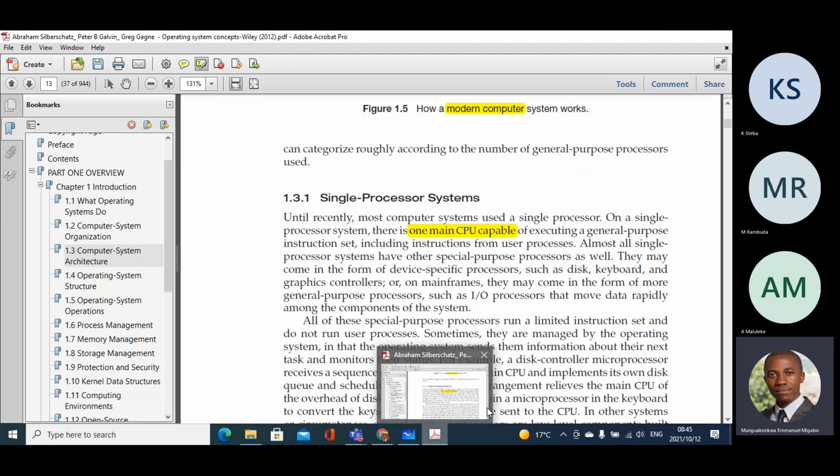Almost all single processor systems have other special purpose processors as well. This is what I called last time hardware accelerated processors. So we've got one unique CPU, but we've also got hardware accelerated processors, meaning some of the CPU's task is taken out and localized, with some level of local processing for specific modules.